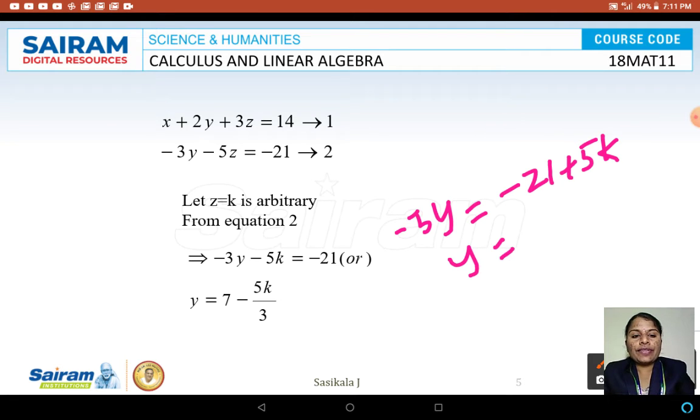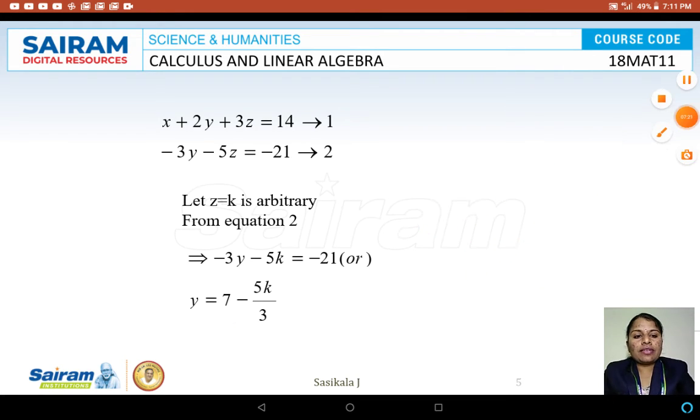Y is equal to minus 21 by minus 3 and minus 5k by 3. So this minus 21 by minus 3 will go for 7. So 7 minus 5k by 3, right? Now you can see why we got it.